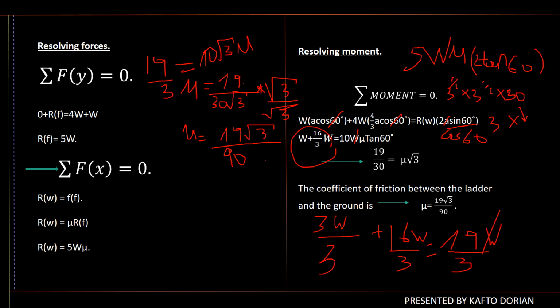But some people ask why I'm having the root 3, because in the calculator you have 1.7 something. So I'll draw a simple triangle here. The distance between this point and this point will be 2.